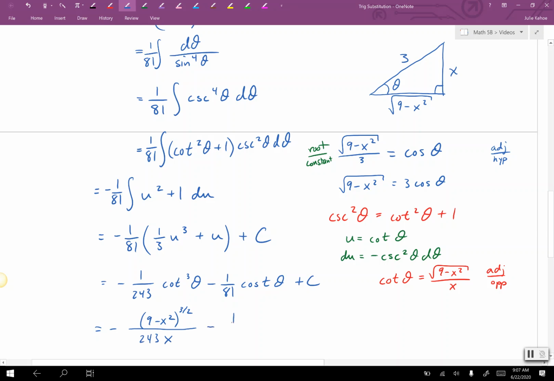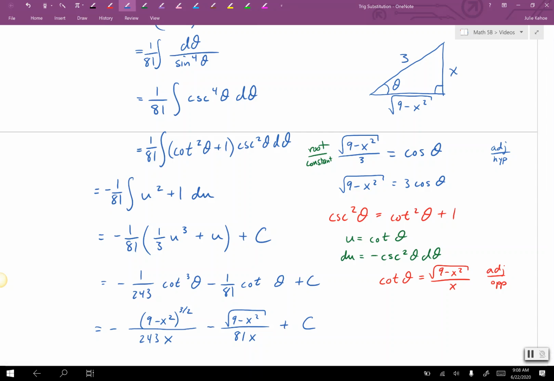And then minus. And, I don't know where that t came from in there. That should have been cotangent. There we go. And then cotangent theta, that's going to be just the root again. So I'll leave it as a root and throw the 81 and the x on the bottom, plus the constant of integration. And now I have my final answer.